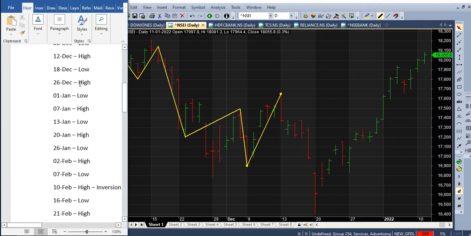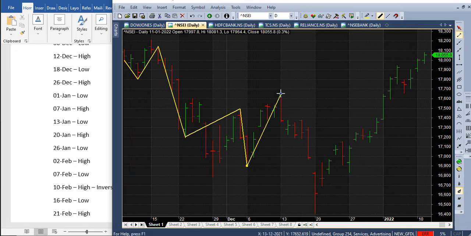Then we have 18th of December as a low. We have a low here on 20th. See, look at these two bars. It's taking resistance, it's taking support. Okay.